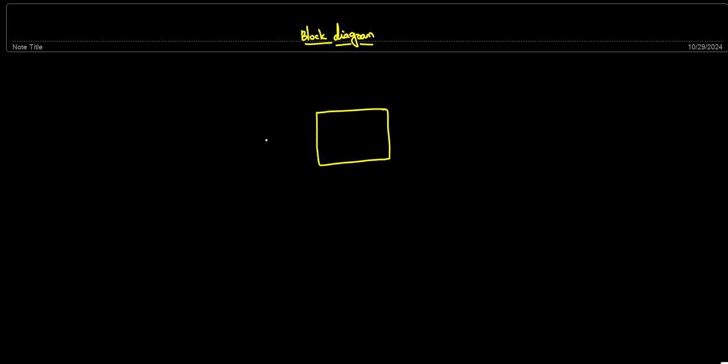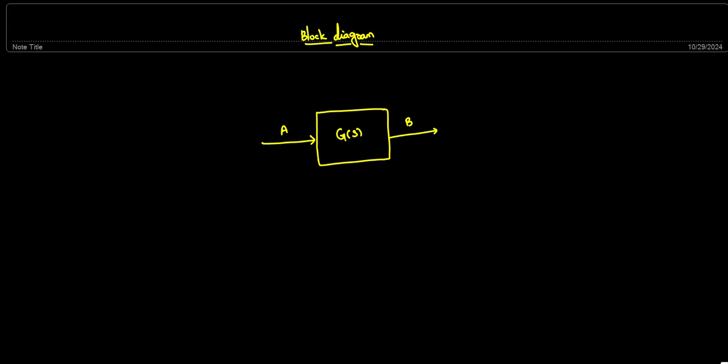The input is say A, and the output is coming as B. The entire information is in the block in the form of a transfer function called G of s. That is how the block diagram is represented. In the block diagram there are many parameters such as summing point, branch point, and so on.